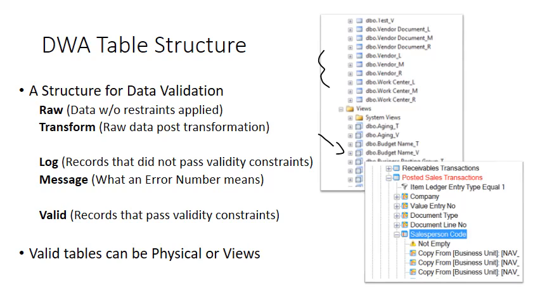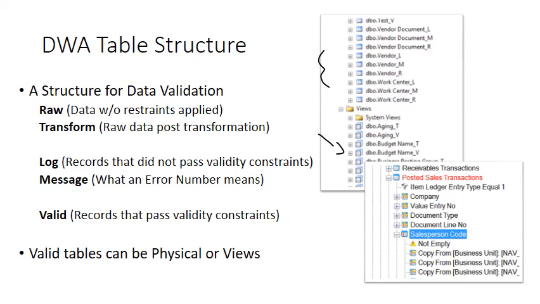Yeah, the M table is the Rosetta Stone for translating what an error means. In other words, you have to have the log and the message table in order to interpret, for a record, what was wrong with it.